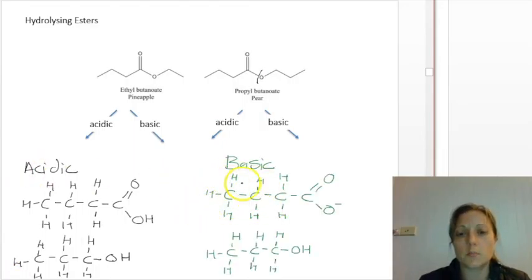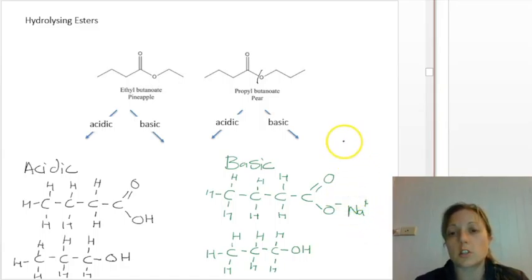And similarly, under basic conditions, we're going to get the butanoate ion and we're going to get propanol. So if we had sodium hydroxide and not an undefined base, we could have sodium butanoate. But if we don't know what the base is and we're just given a general OH, then we have the ion.